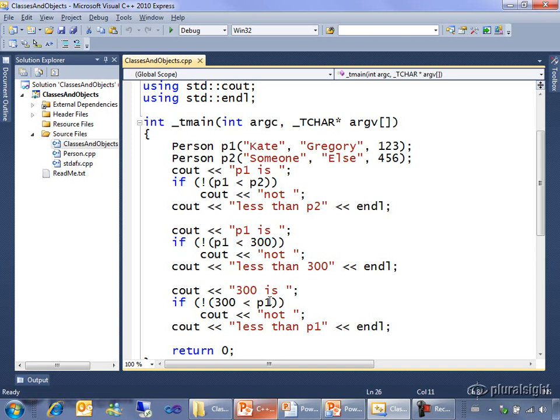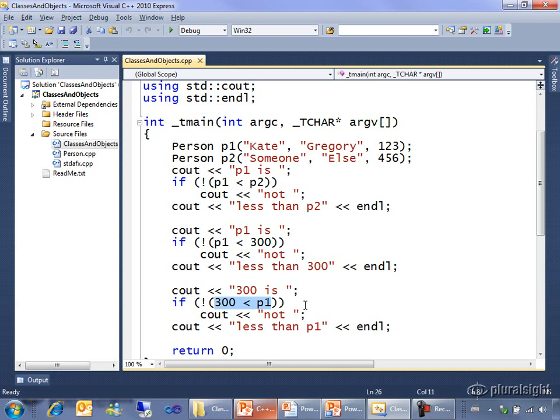When it needs to deal with this line of code, it can't find a member function of integer, so it's going to look for a free function called operator less than that isn't in any class at all, whose first argument is an integer and whose second argument is a person. And as the person developer, you sort of have to cross your fingers that nobody else feels like writing that function.